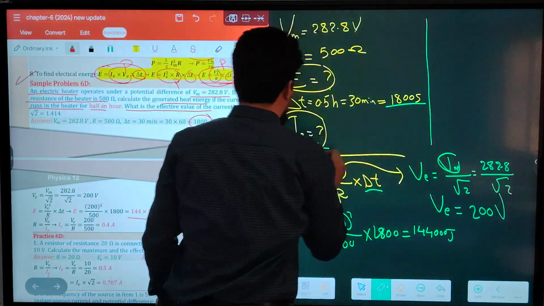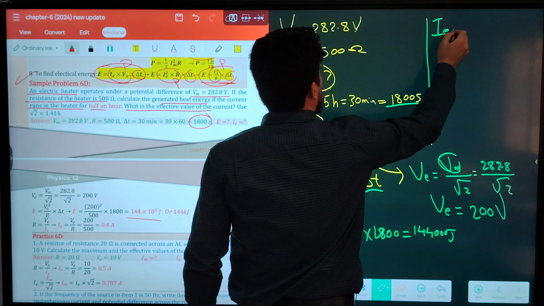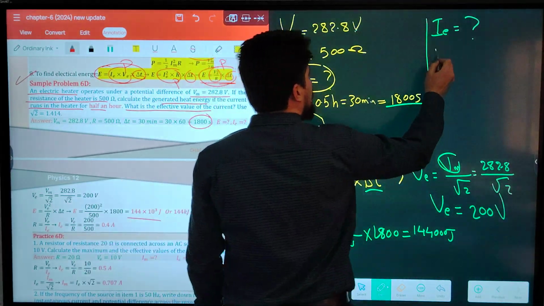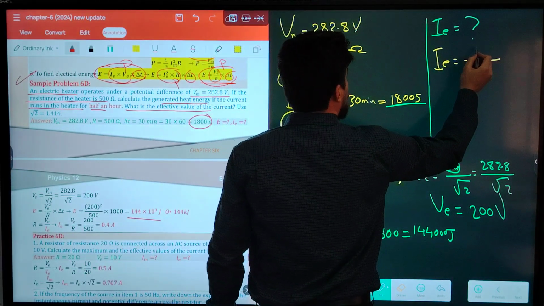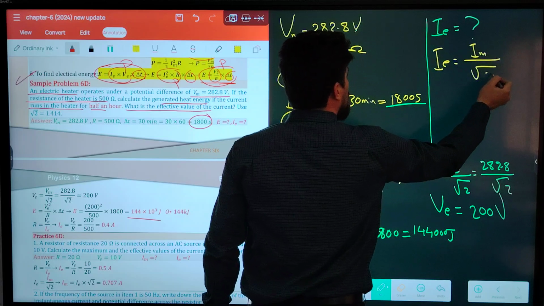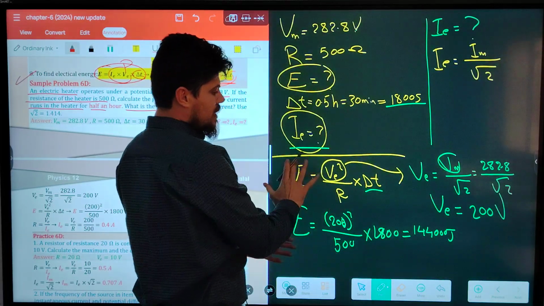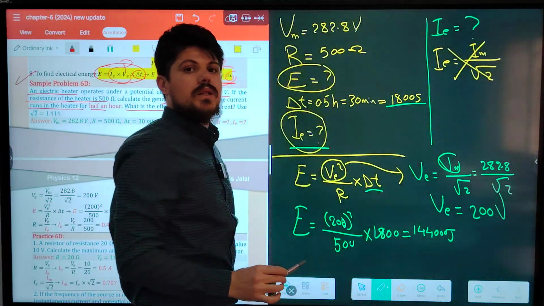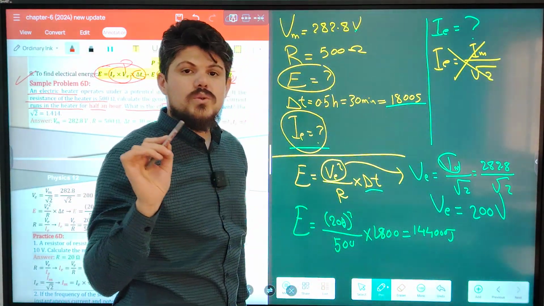The second unknown, IE, is equal to what, guys? Can we say IM over radical 2? No. Why? We don't have IM. We cannot use this equation to find IE, and instead you have to use Ohm's law.